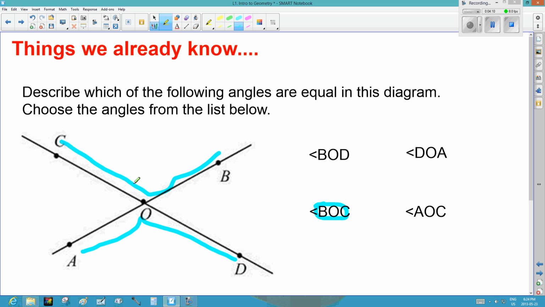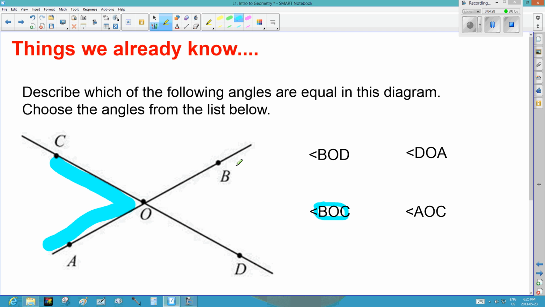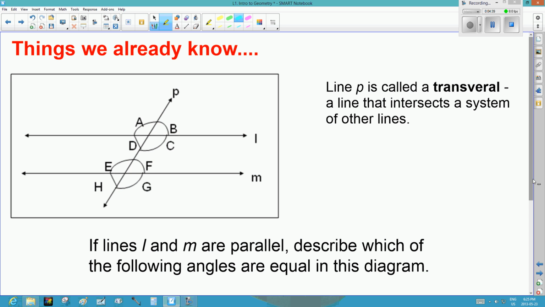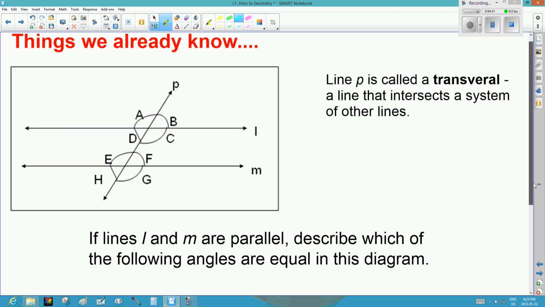So these two angles right here and right here are equal. We also have these angles COA and BOD, and those two angles are equal to each other. Hopefully you already know this as well.